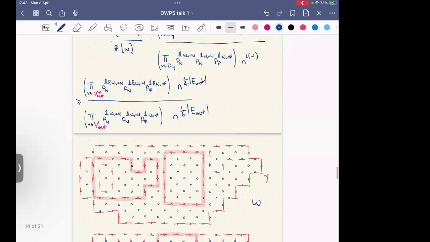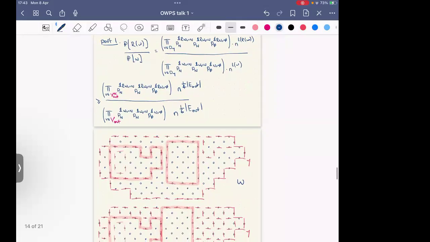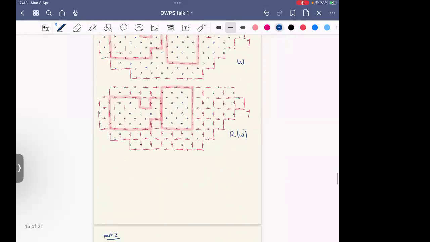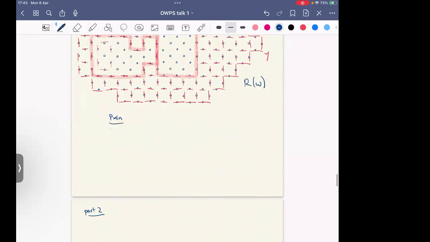Okay, but now we're almost home and dry because we can rewrite these factors on the left as just the smallest of the p's and the largest of the p's to the size of V out. And then we have an n to the 1/12, which is coming from the subtraction there, mod E out.